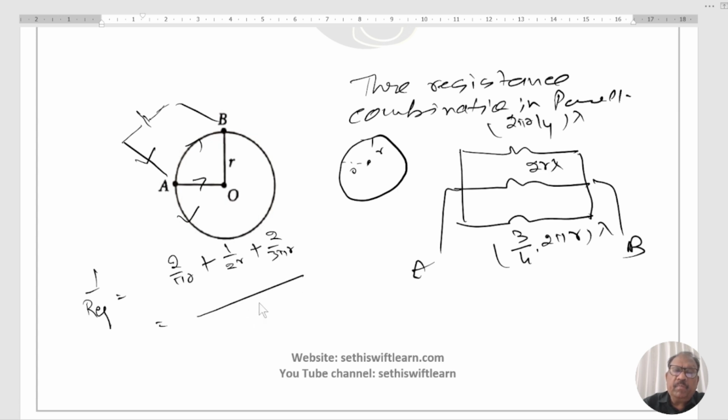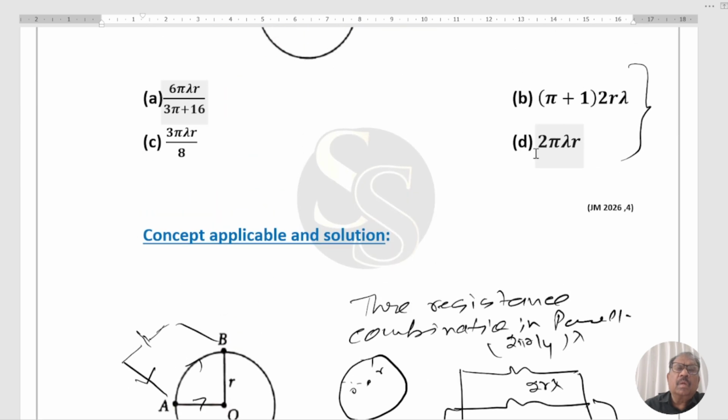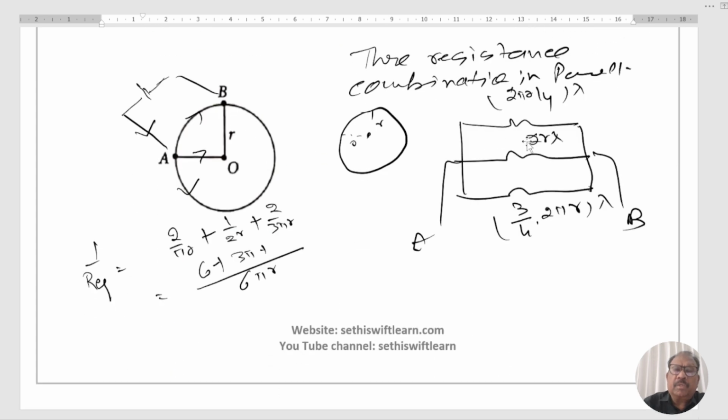On simplification, 6 pi R is the LCM, so this comes out to 3 pi plus 2 pi R plus 2, 4, 4.